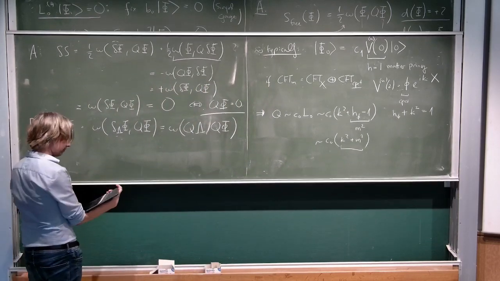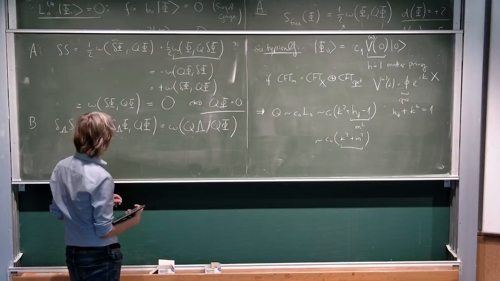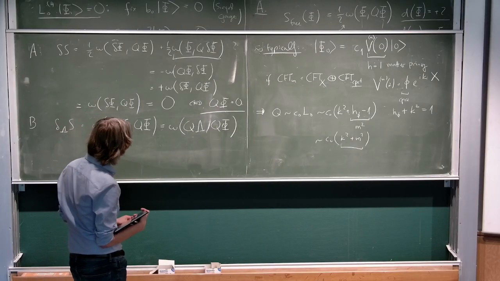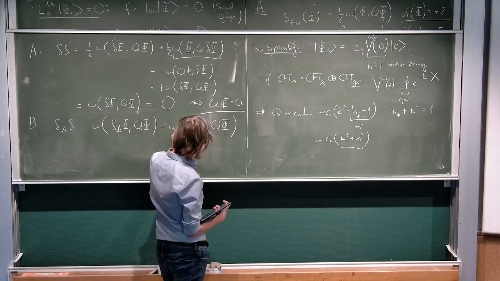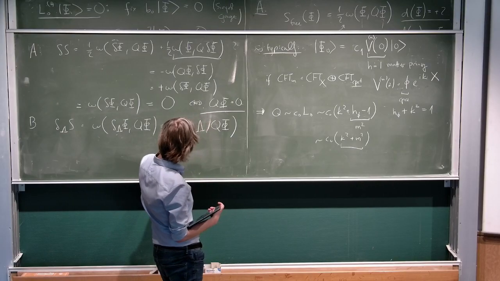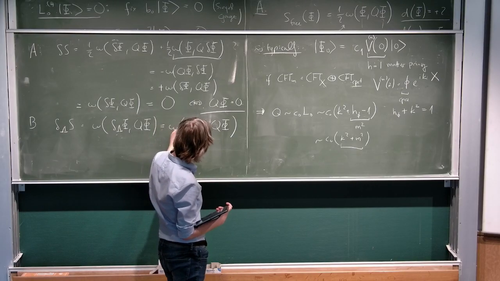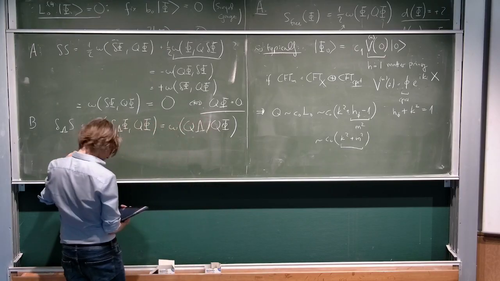Then again we can use this BRST invariance property of the bilinear form, namely that if we act with Q on one insertion, then this is as good as acting with the same Q on the other insertion up to a sign.